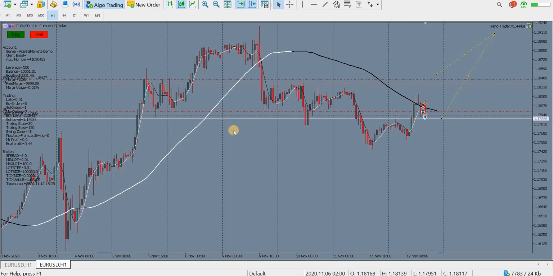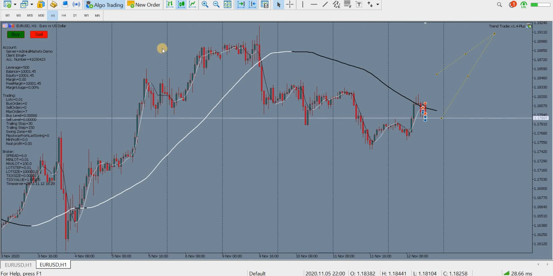Try it on your demo account and see if it matches your trading strategy. And if you decide to purchase it, just make sure you understood the settings that you are making use of. Because, well, it's not exactly cheap to be honest, and it doesn't make sense to buy something that you will not use. That's the first thing.